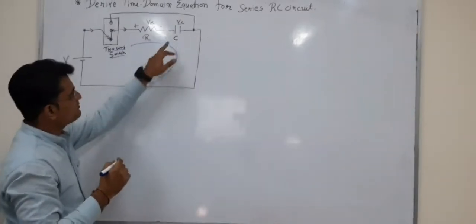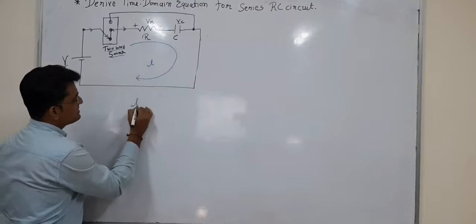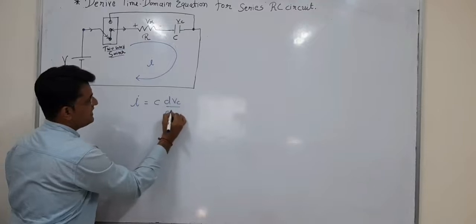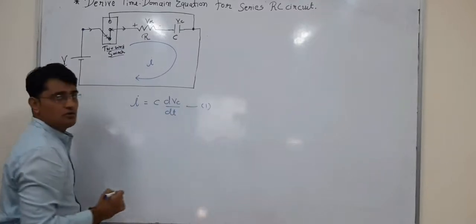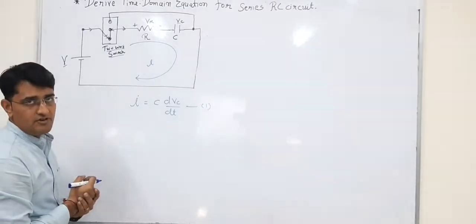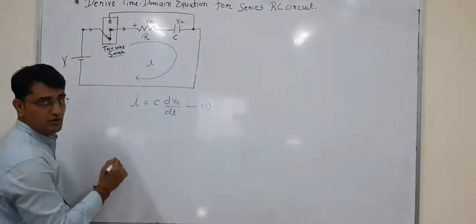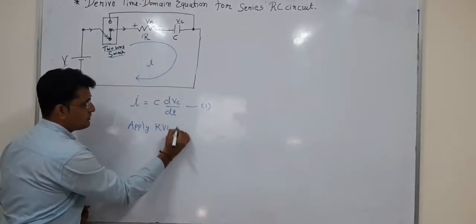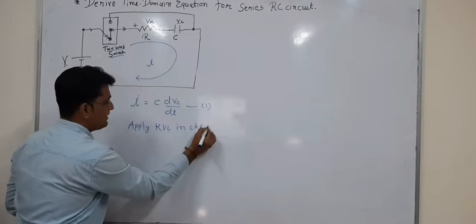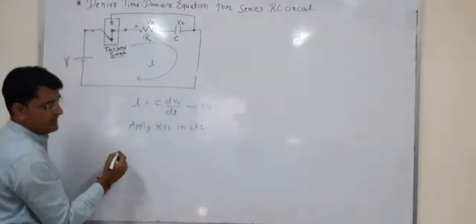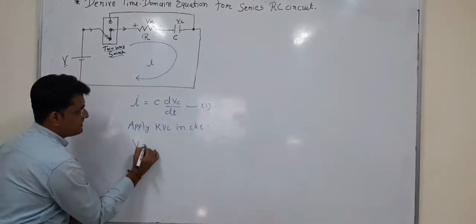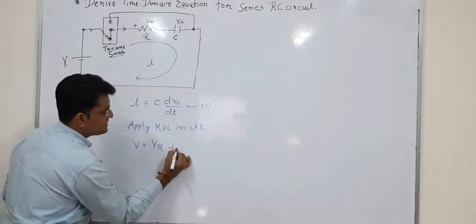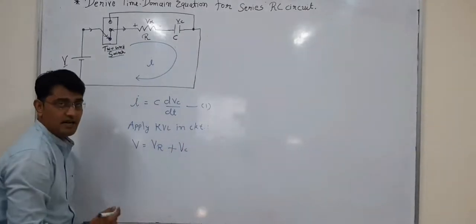Now as this current is passing through the capacitor, we can say it is capacitive in nature. So I equals C dVc by dt. Now if I apply Kirchhoff's voltage law in this circuit, I can write that V, the applied voltage, equals VR, the voltage drop across the resistance, plus VC, the voltage drop across the capacitor.